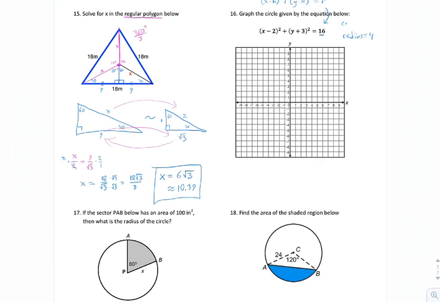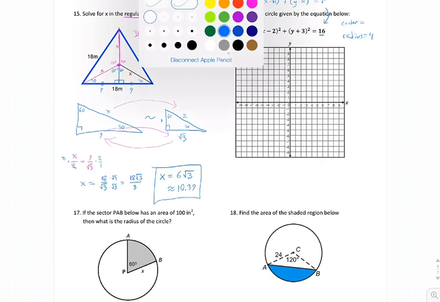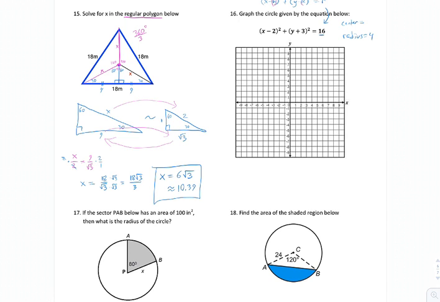Then the center is what values are there for h and k, where center is (h, k). The center would be 2, and then what number did I subtract to get plus 3? Well, that would be y minus negative 3, because minus a negative would be y plus 3. So our center is 2 comma negative 3.